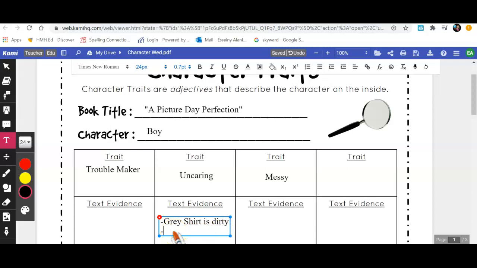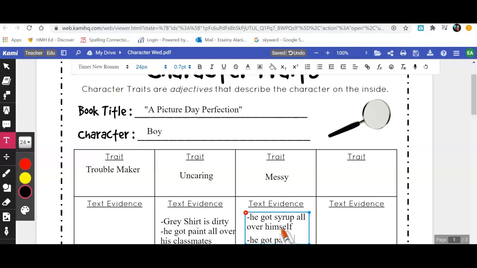What else happened? He got paint all over his classmates. And we can put that over here too for messy. He got syrup all over himself. And the same thing with the paint.